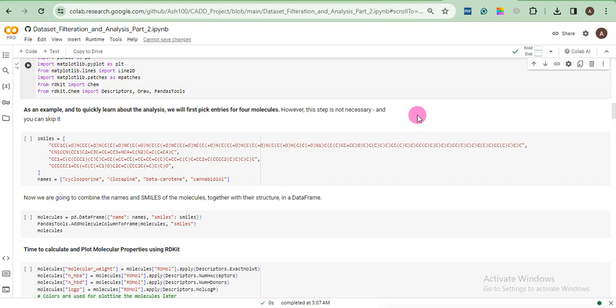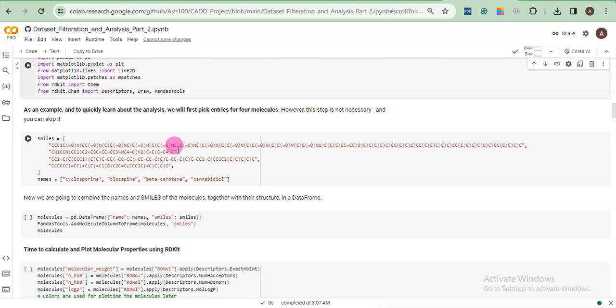I will train you on 4 different molecules. This is for teaching purposes, so you will understand why I'm not using the data directly, because the data is huge.